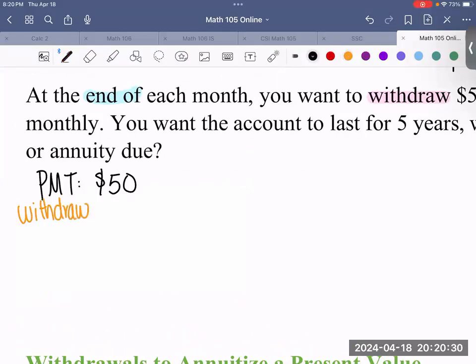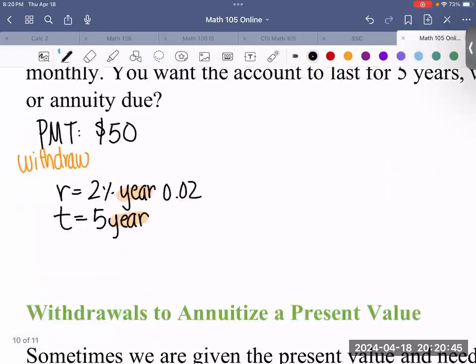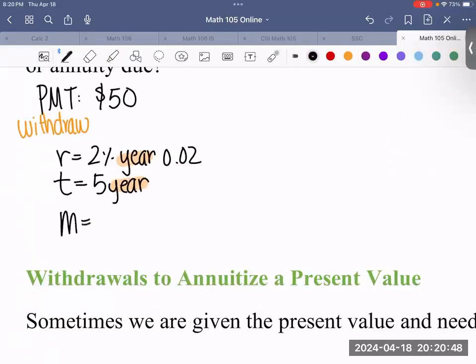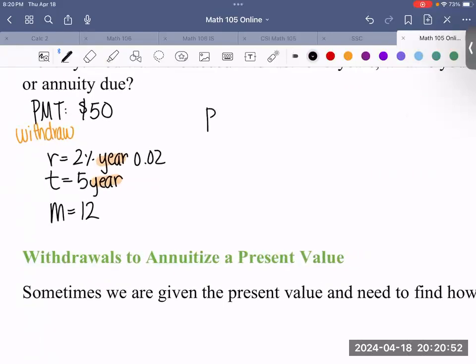So $50 at a 2% interest rate a year, so 0.02. Your time being 5 years. Again, super nice that these match. M is equal to 12. So we're going to throw that into your formula.